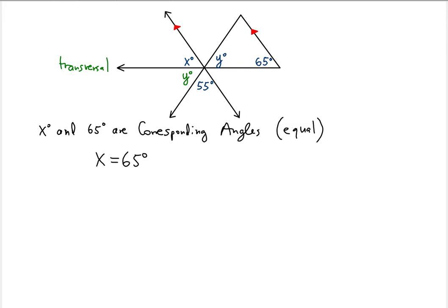The second way is to write the 55 here, because this is a second pair of vertical angles, right? So you can write 55 degrees here because you know that this angle and this angle are vertical angles. And vertical angles are equal in measure because they are formed by two intersecting lines.